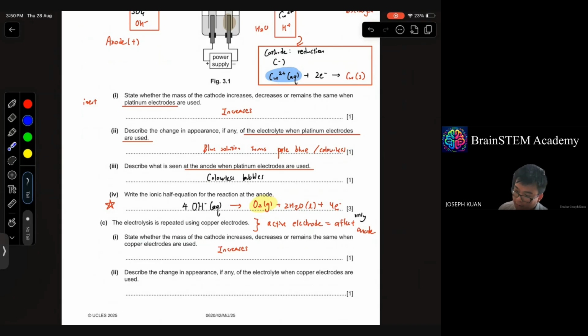Okay, however, the appearance of the electrolyte actually will then remain unchanged. Okay, remain unchanged. So why?